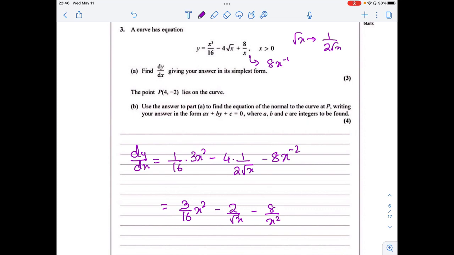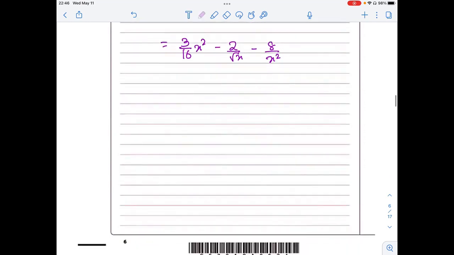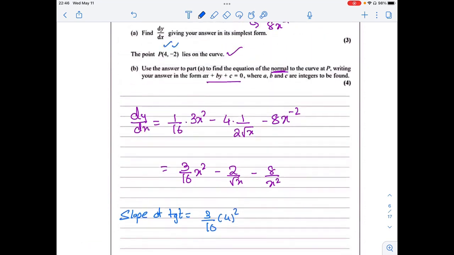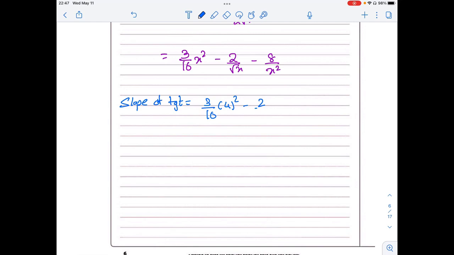The point P, 4 comma minus 2 lies on the curve. Use the answer in part A to find the equation of the normal in this form. So first of all, when I plug in this point, I'll get the slope of the tangent. Slope of the tangent is nothing but 3 upon 16 times 4 square, because x value is 4, minus 2 upon square root of 4 minus 8 upon 4 square.